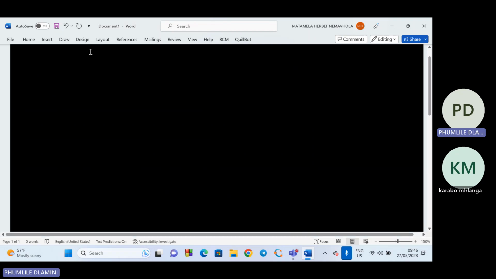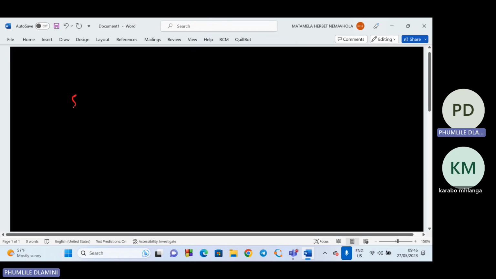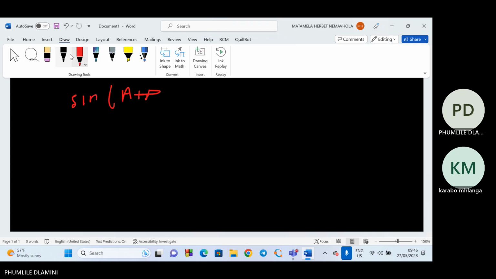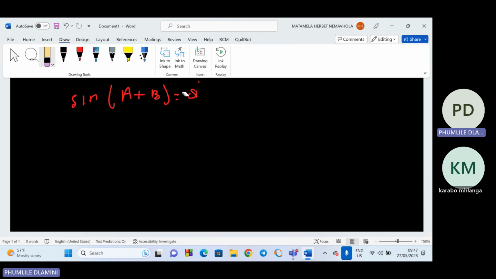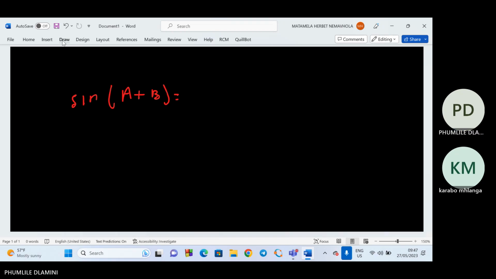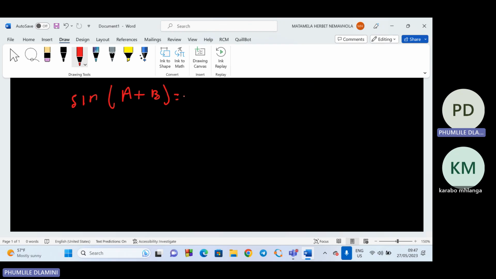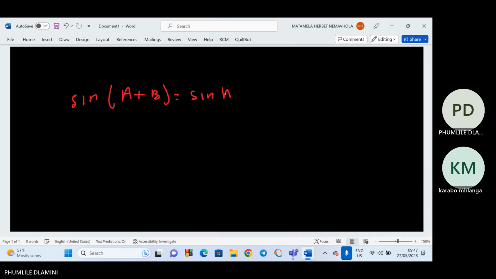The identity I'm going to give you now says that sine of A plus B is the same as sine A cos B plus cos A sine B. It's also there in your formula sheet in grade 12. Have you seen it?